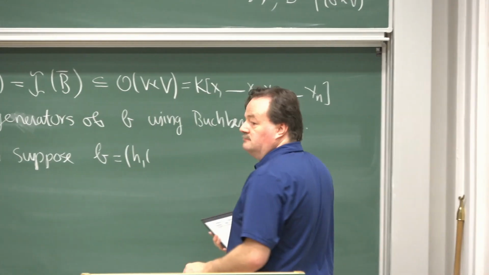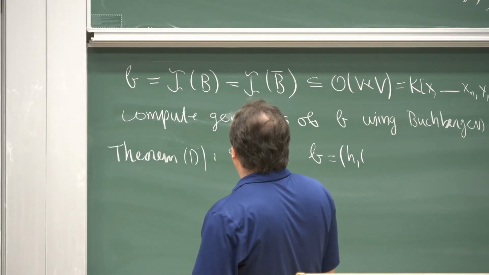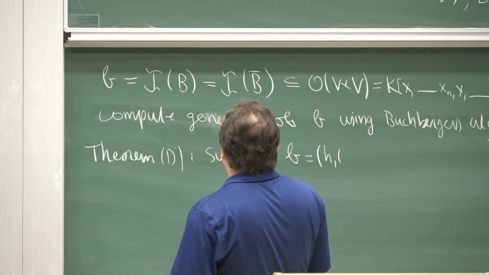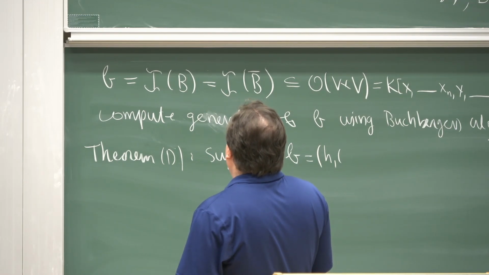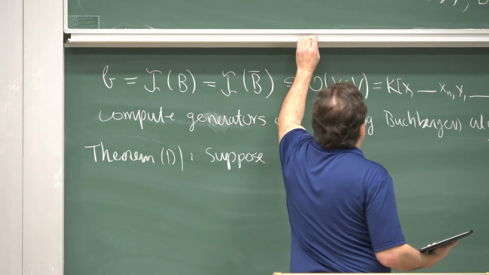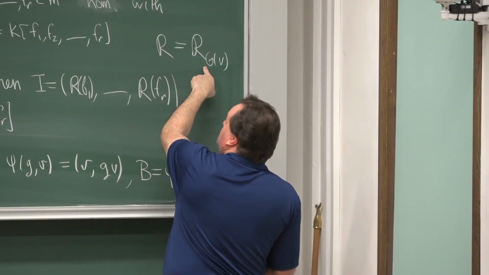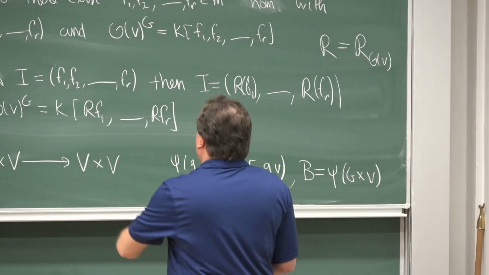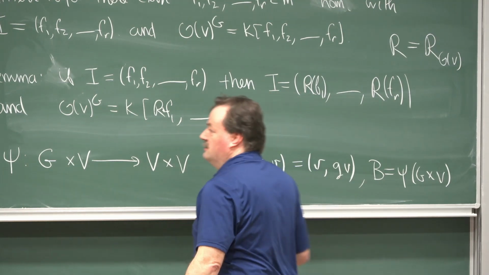Sorry, but if R is the Reynolds operator, wouldn't R of F1 be like a scalar? Yes. Oh yeah, okay. Here this R is actually this R_{O(V)}.